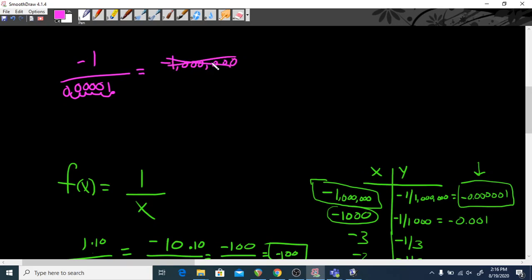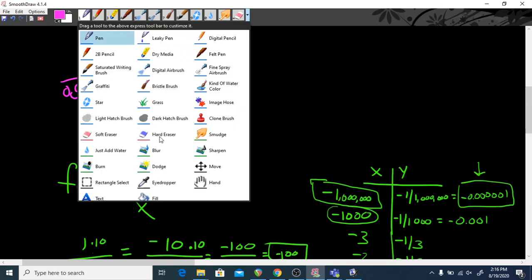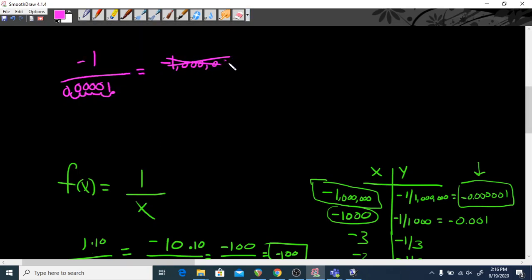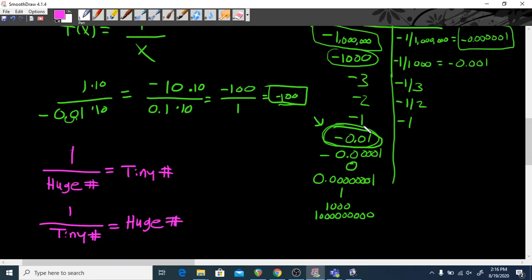Sorry, let me get rid of that. Negative 100,000 is what we're going to get there. And here's 0, and as we've just witnessed, if you divide by 0, you get nonsense.